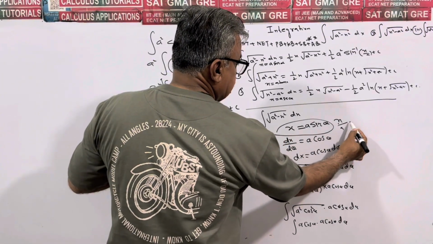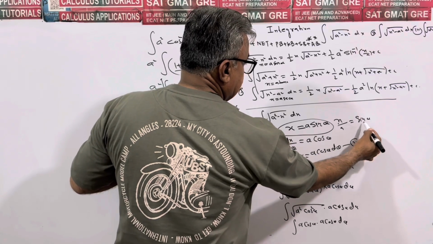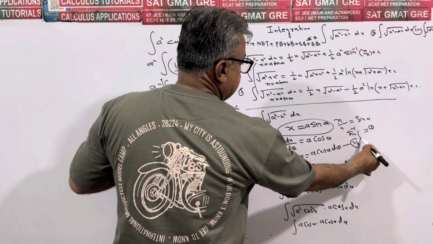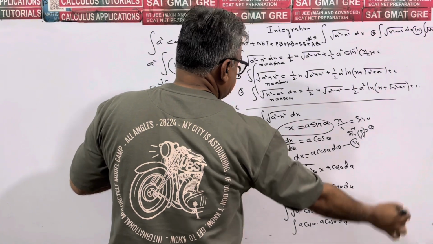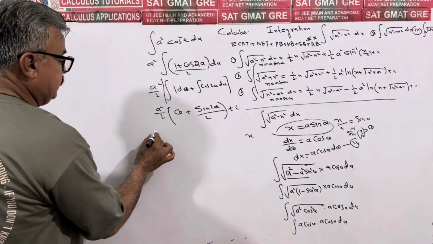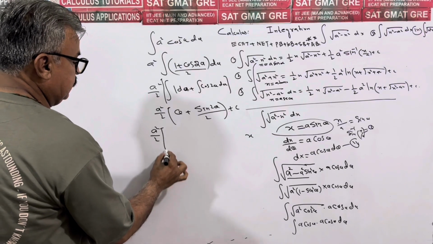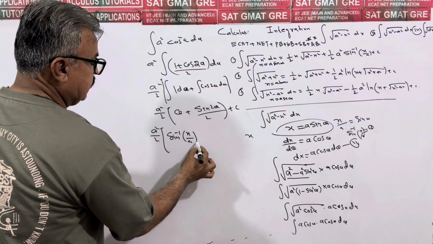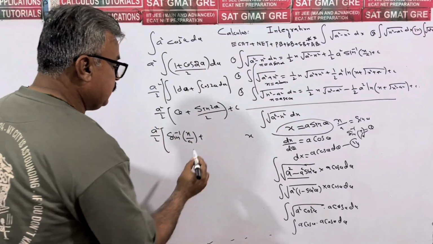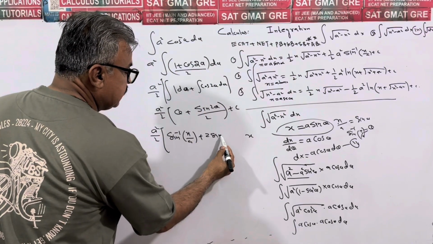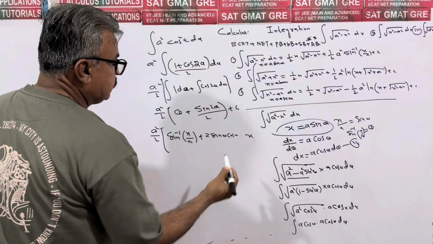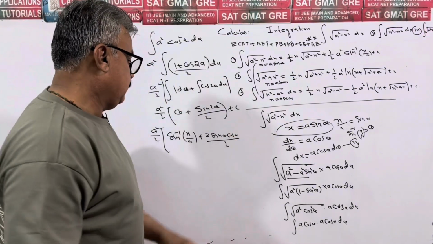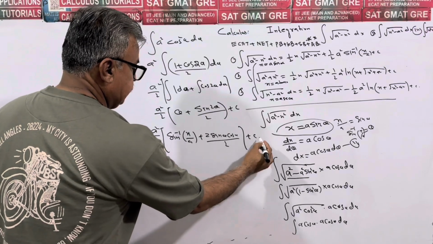x over a is equal to sine theta, or theta is equal to sine inverse of x over a. It is a square over 2 times, instead of theta, sine inverse of x over a, plus sine 2 theta, which can be written as 2 sine theta cos theta over 2, plus c.